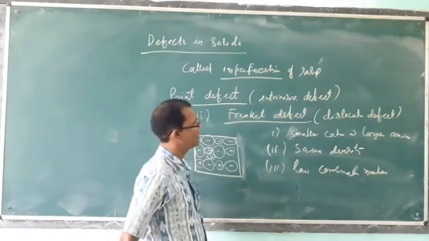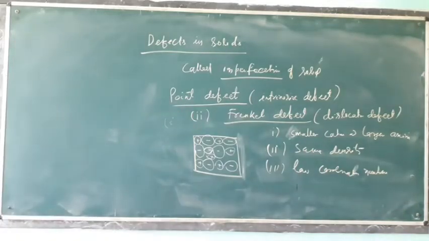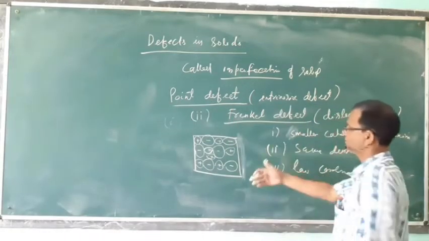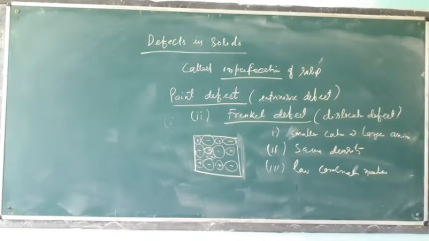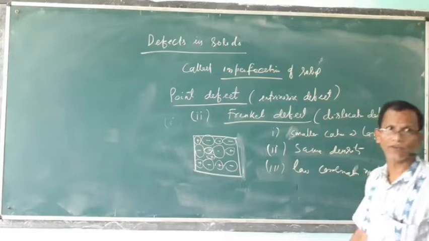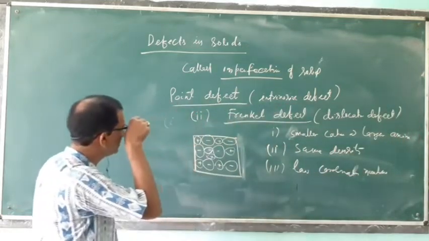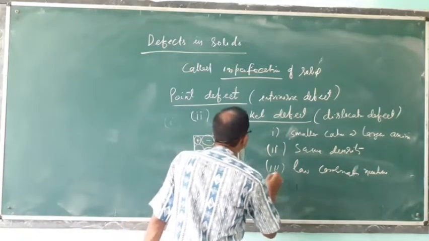Size of cation and anion should differ. And due to this irregularity, it shows electrical conductivity. So what are the examples of this type of defect?